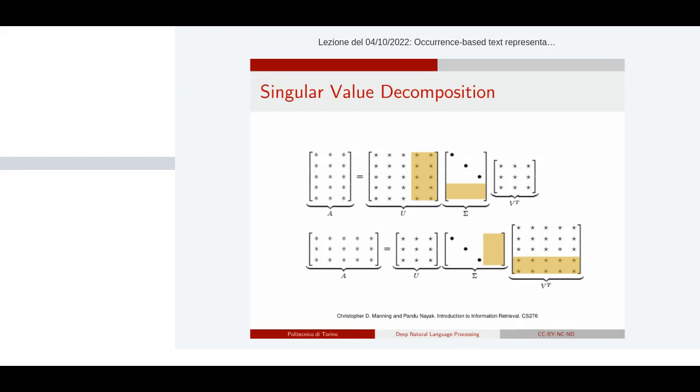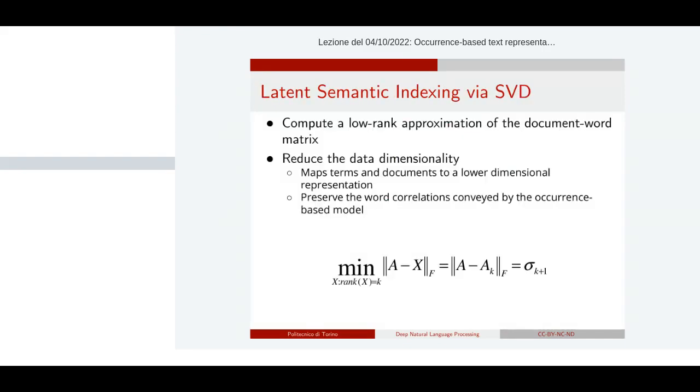So all the sigma with k plus 1, k plus 2, k plus 3 are reduced to 0. So you have to, of course, in turn update all the other values in the matrix decomposition. And you will come up with a low rank representation of your original data, which preserves the word correlations describing the most relevant topics.